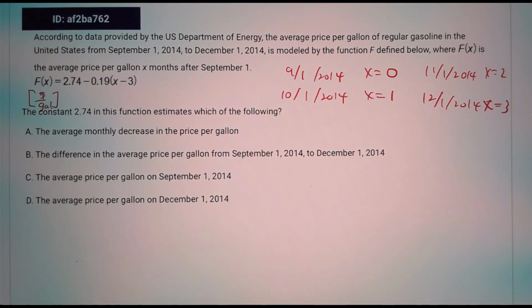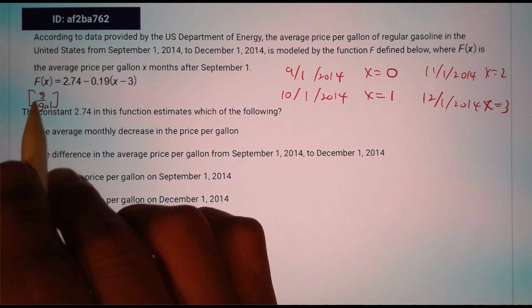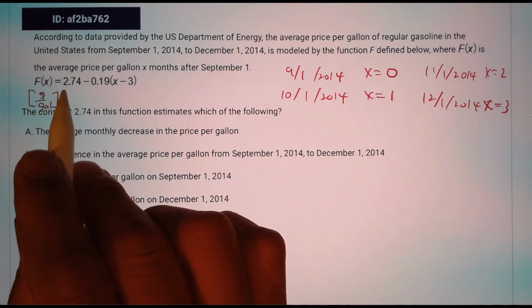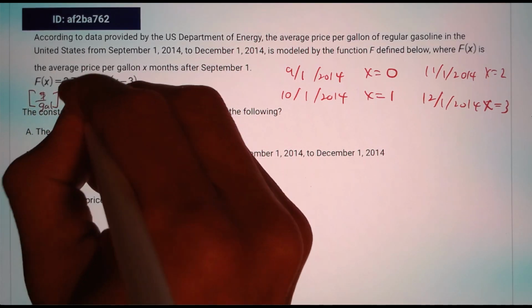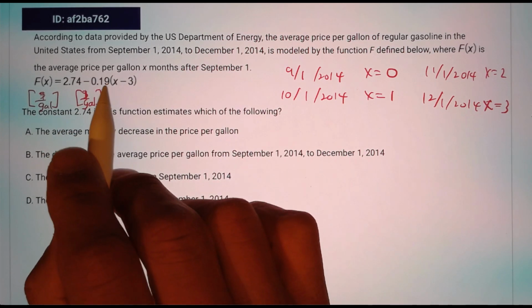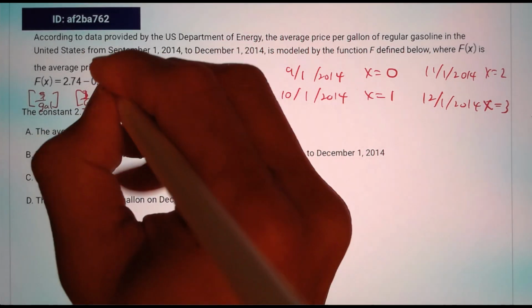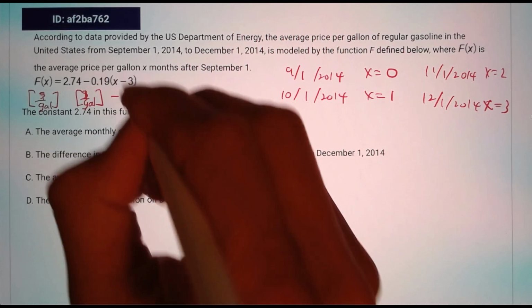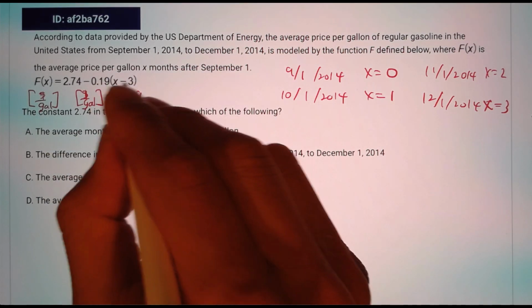So the constant 2.74 in this function estimates which of the following. Okay, so if you have dollar per gallon, the 2.74 should also have the unit of dollar per gallon. They didn't really ask for this, but as a practice, let's work on this. 0.19 and x minus 3.